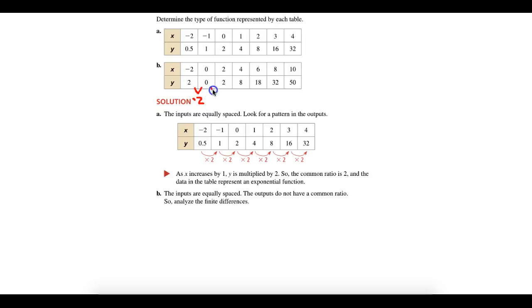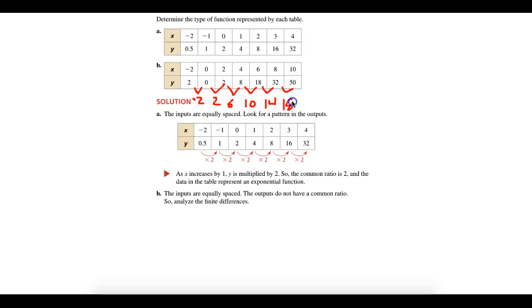The difference from 0 to 2 is +2. The difference from 2 to 8 is 6. The difference from 8 to 18 is 10. The difference from 18 to 32 is 14. And the difference from 32 to 50 is 18.